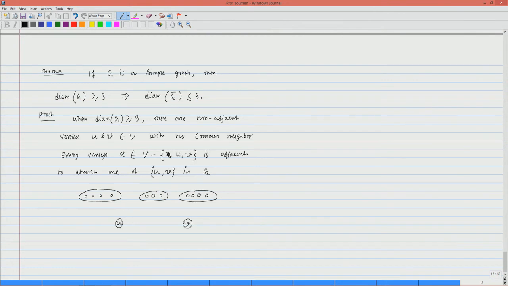Suppose these are the set of vertices which are adjacent to v only. And these are the set of vertices which are adjacent to u only.